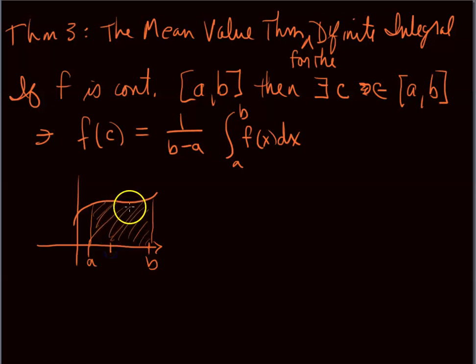I don't know if I can pick that very well. Maybe it's over here. The c value will give you an f of c that will be the horizontal line that has the same area under that curve. That was just my guess. Some's outside, some's inside. So it's the same idea, except now it's not the slope at that point. It's the average value of the function, which gives you that same area.